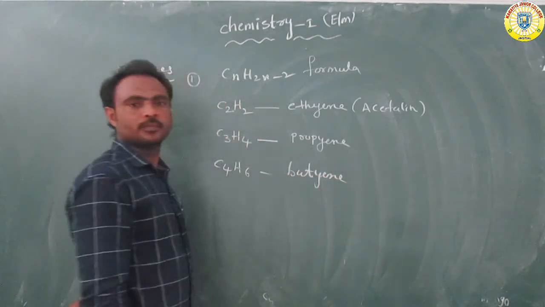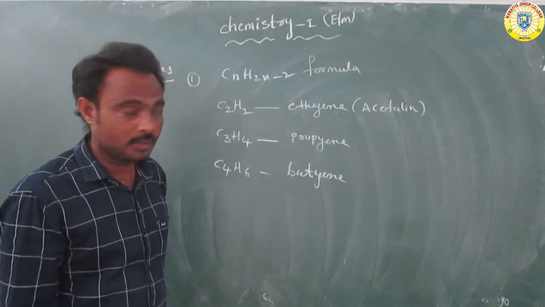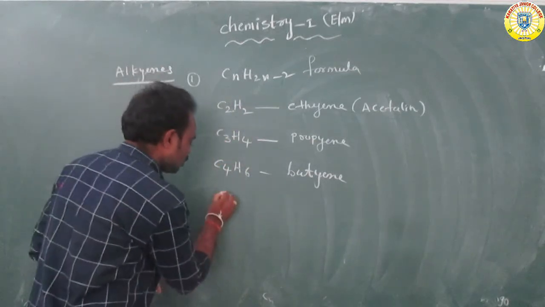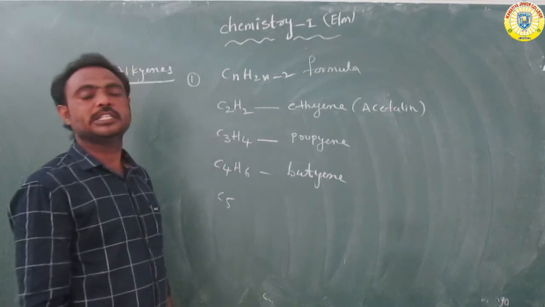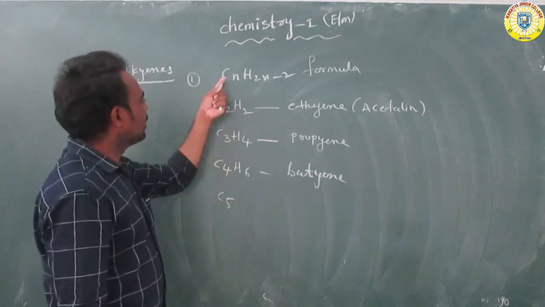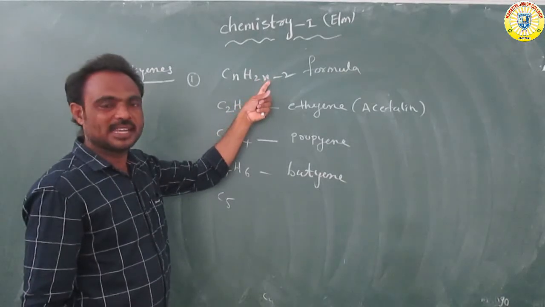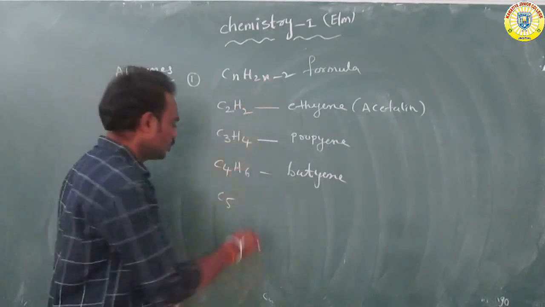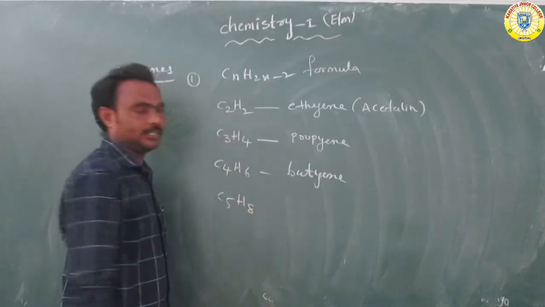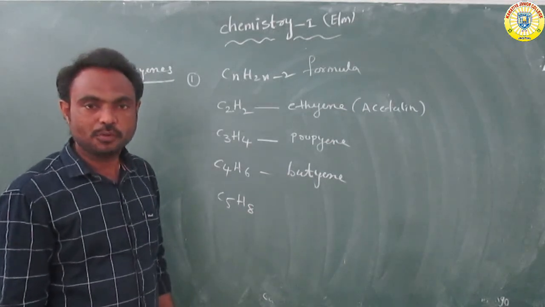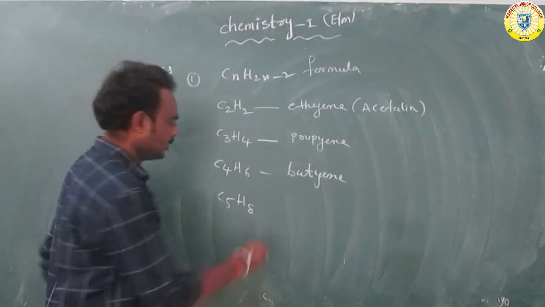Next, suppose we substitute n equal to 5. Then C5, 2 times 5 is 10, minus 2, so H8. C5H8.